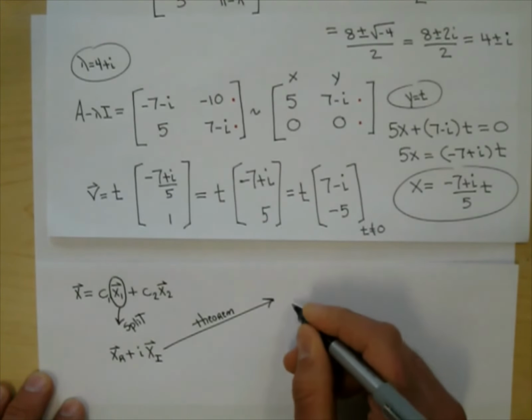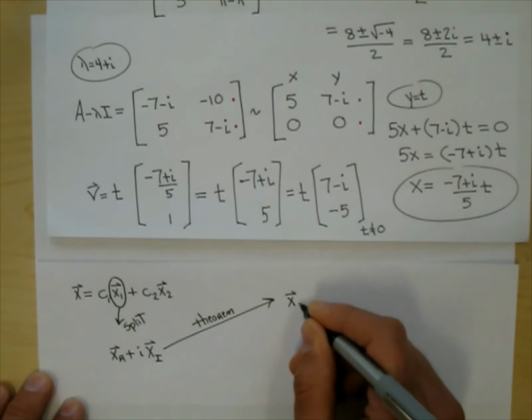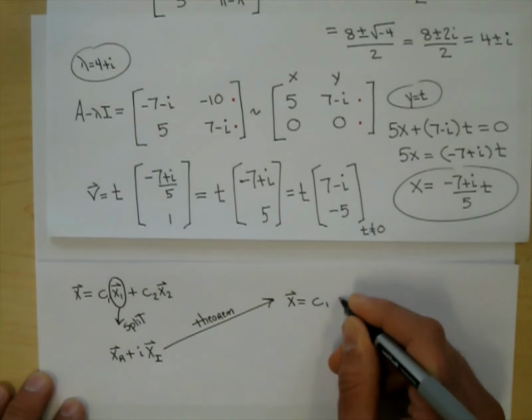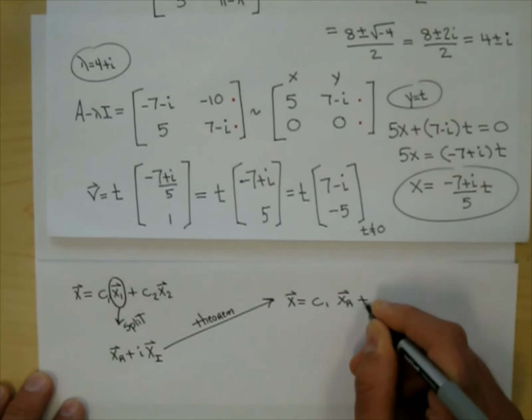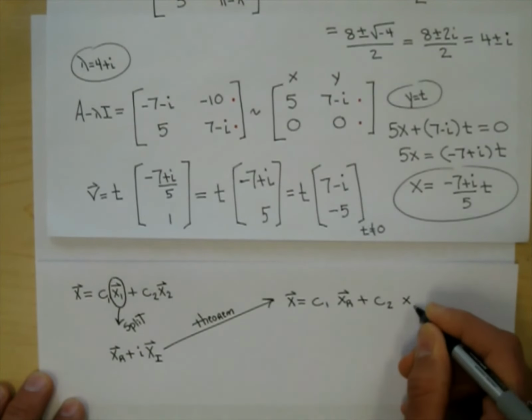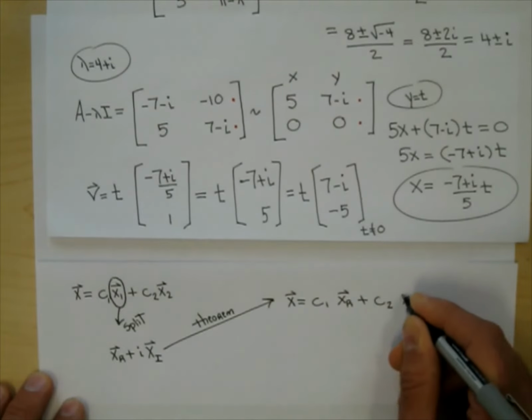There's a theorem that says you can write a general solution as C1 X R bar plus C2 X I bar.